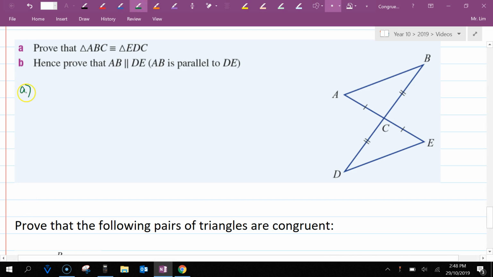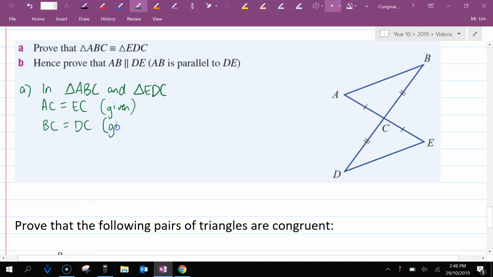Okay, so in question A, we start off with in triangle ABC and triangle EDC. We can see that AC is equal to EC, that's given to us. We can also see that BC is equal to DC, that's also given to us.